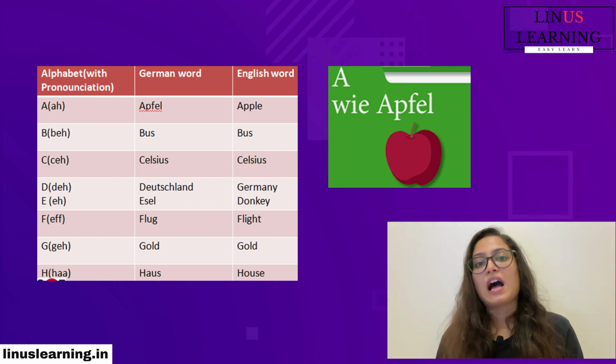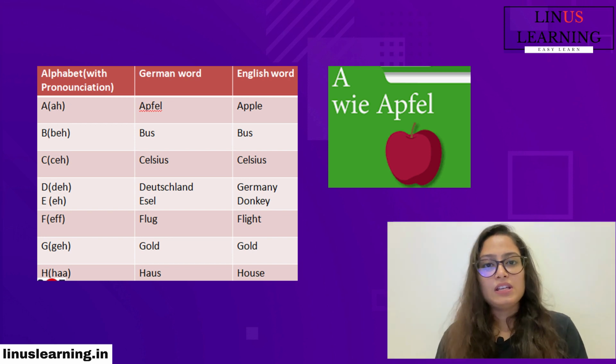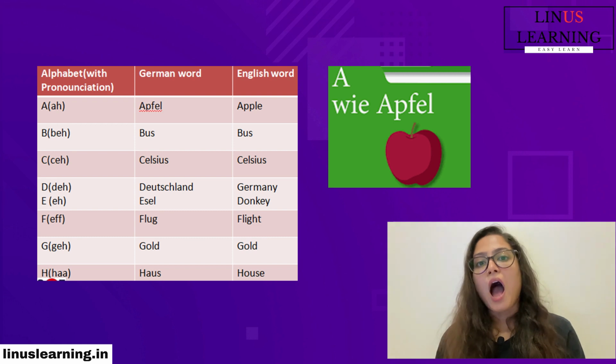Then H is ha, like we say ha ha. So once again, E, F, G, H: E is A, F, gay, ha. I'll repeat it once again.